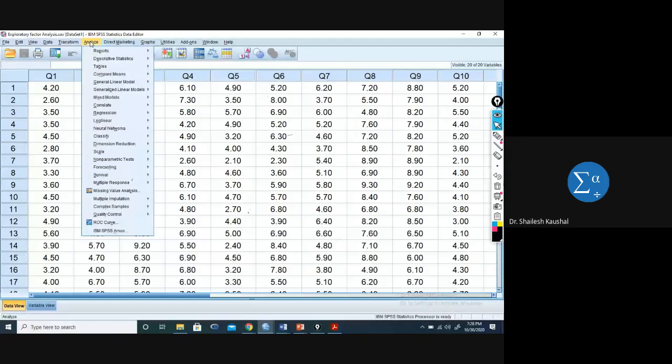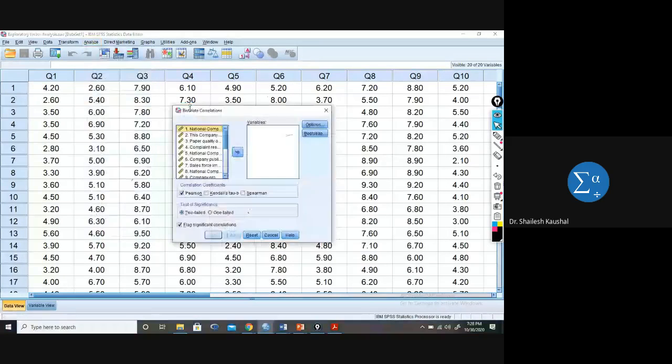Analyze, then Correlate, and after Correlate, Bivariate. I'm just checking the correlations, and I am selecting all the 15 questions and transferring them here. Okay, and then OK.